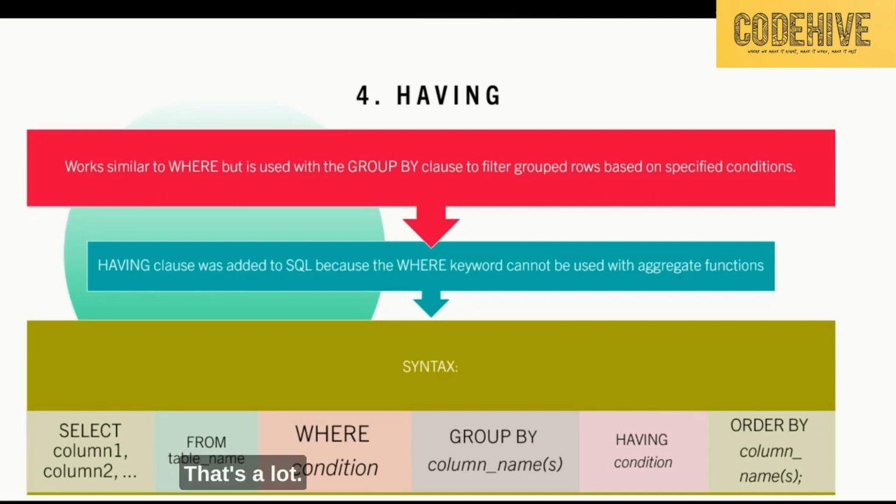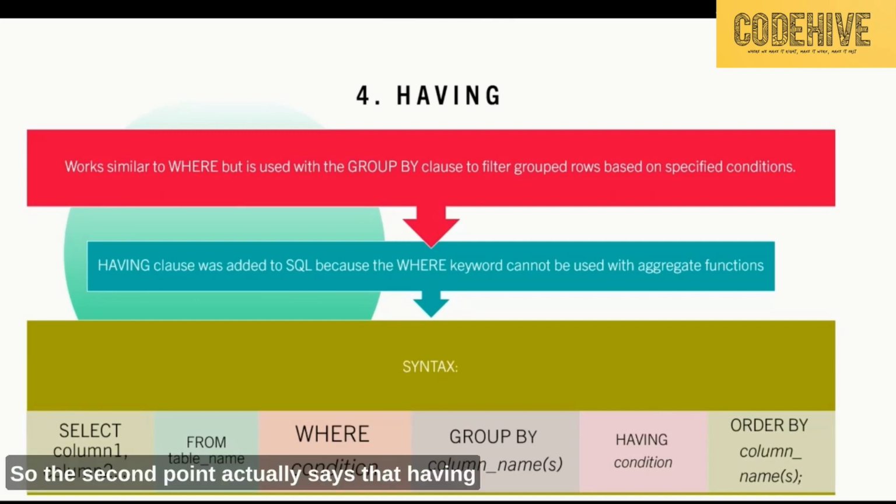Ooh, that's a lot. The second point says that the having clause was added to SQL because the where keyword cannot be used with aggregate functions. So, okay, if we look at the syntax, I will explain it properly.